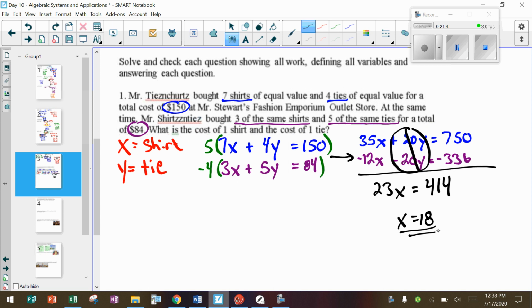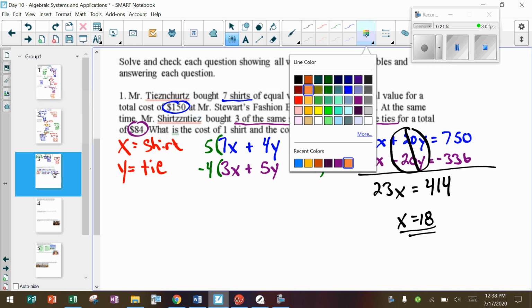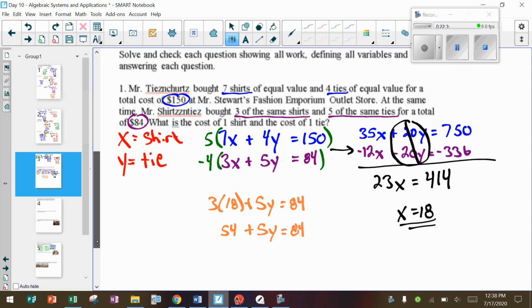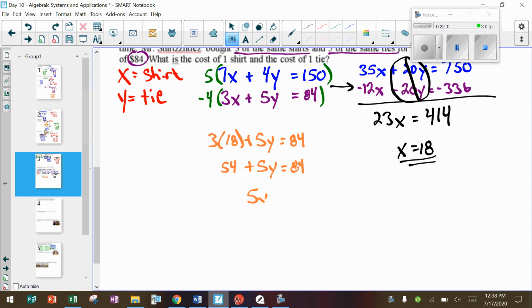Now I have to take my 18 and use either one of the given equations to find y. So 3 times 18 is 54. I have to subtract 54 from both sides and divide by 5.